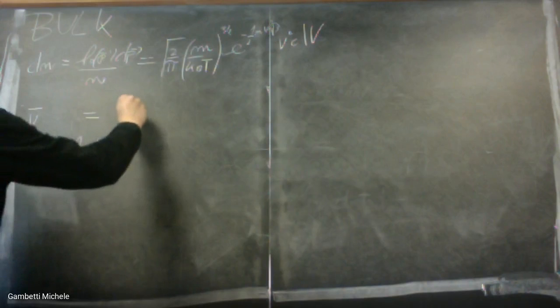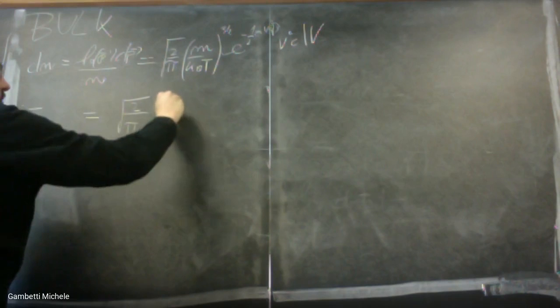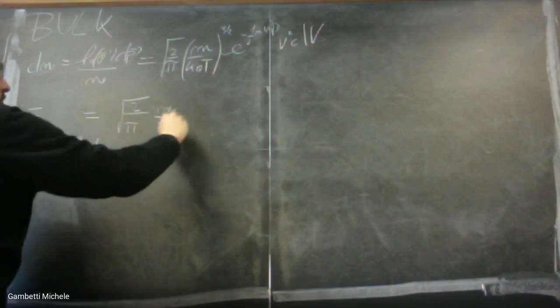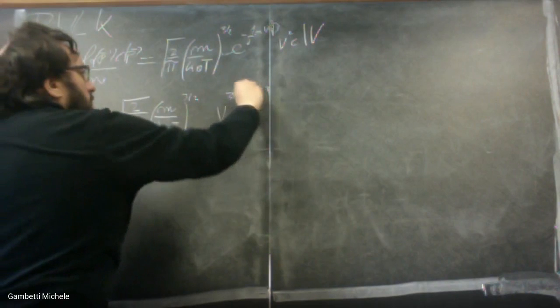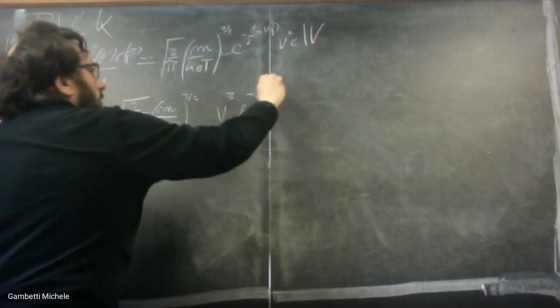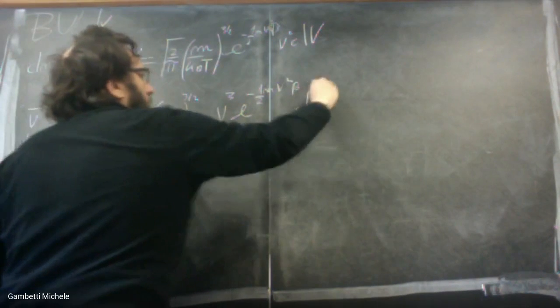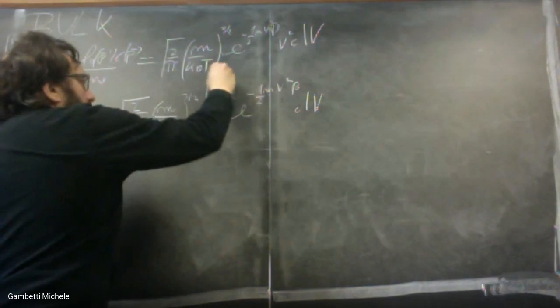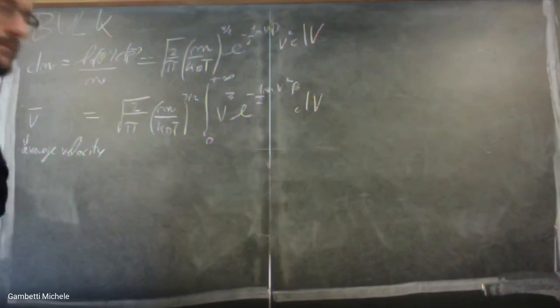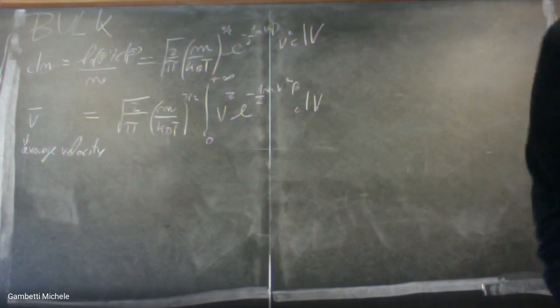Okay, so I can pull out the factors which are constant, and divided by kBT to the power of 3/2, and then I have a v cubed, exponential of minus m v squared times beta, then dv. And I need to integrate this between 0 and plus infinity. Okay? So this will be the average velocity in the bulk.